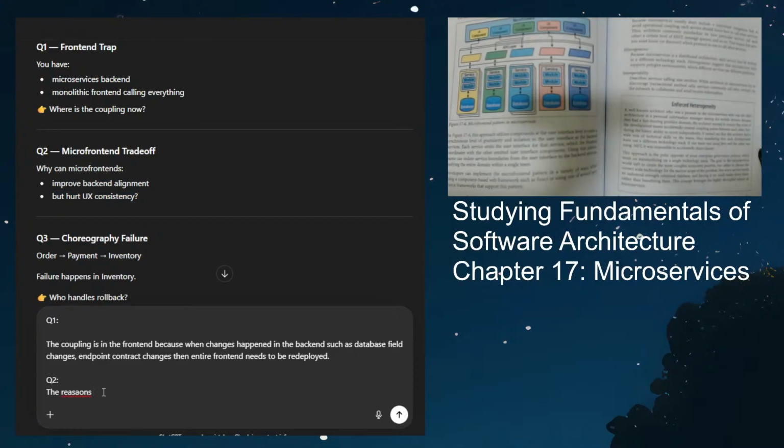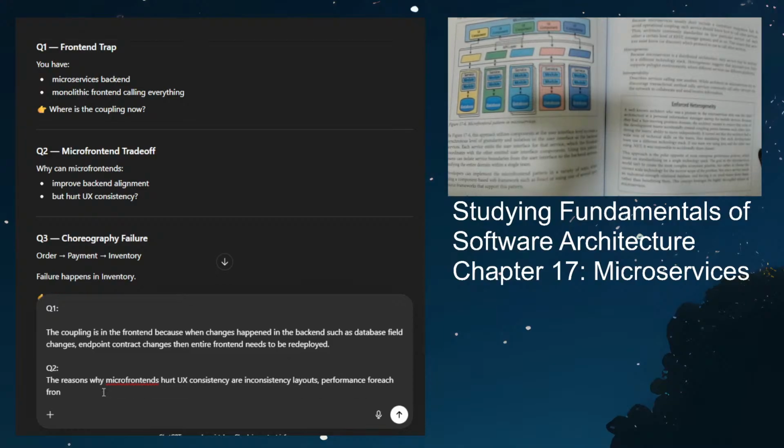Okay, the reasons why micro front ends hurt UX consistency are: inconsistency in layouts, and performance for each front end is different.